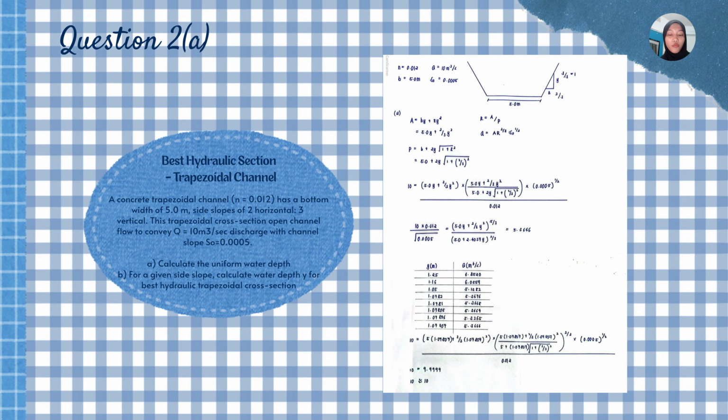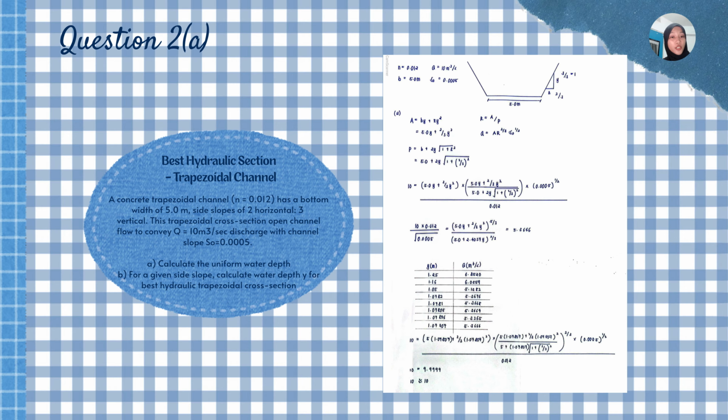Step 1. The formula for discharge using Manning's equation is Q equals 1 over n A R to the power of 2/3 S to the power of 1/2, where A is the cross-sectional area of flow, R is the hydraulic radius, which equals A over P, P is the wetted perimeter, and S is the slope of the channel.